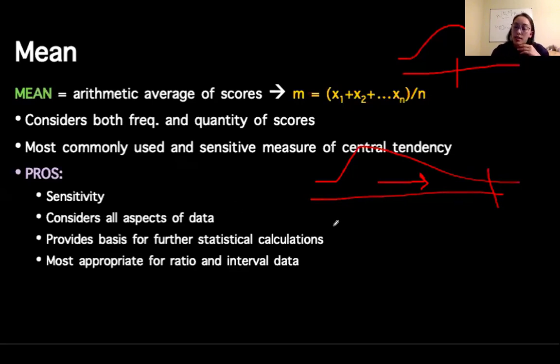It's not a terminal statistic, so we can use it to do more statistical tests. Let's say we wanted to compare 3 different groups of people. Let's say they're majors at Long Beach in the kin department, right? So we have our exercise science people, our athletic trainers, and our fitness majors.